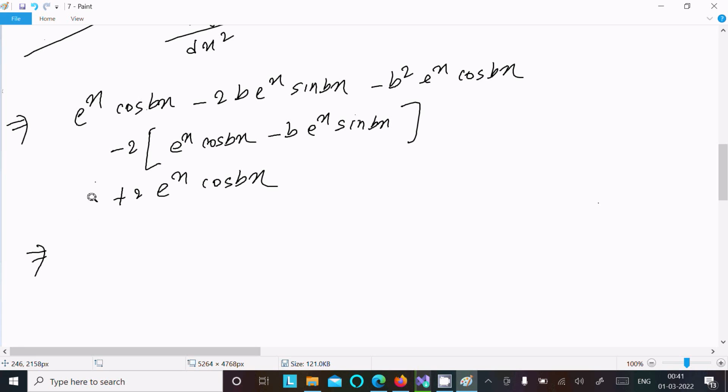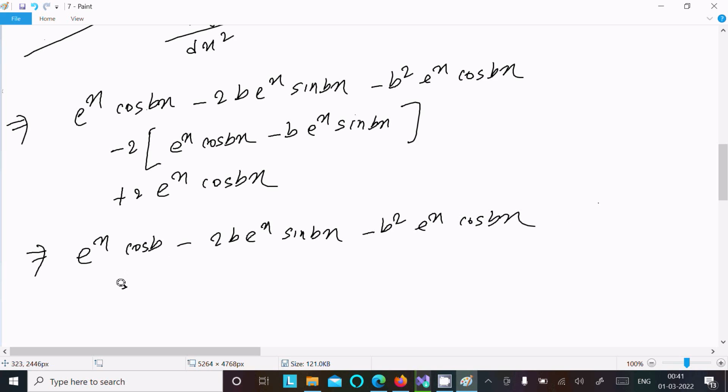So first writing e power x cos bx, minus 2 b e power x sin bx, minus b² e power x cos bx, and this is now minus 2 e power x cos bx, and plus 2 b e power x sin bx, and 2 e power x cos bx.